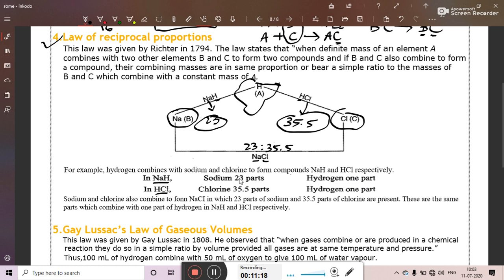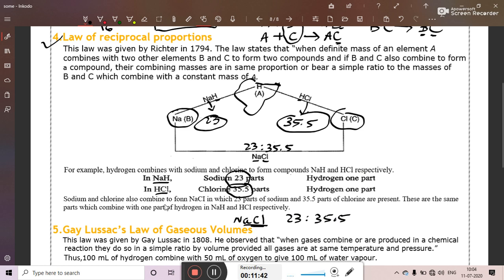So when B and C combine with each other, that is Na combined with Cl to form NaCl, in NaCl also the ratio of sodium and chlorine is the same, that is 23 is to 35.5. And in NaH and HCl also the ratio of sodium and chlorine is the same, that is 23 and 35.5.